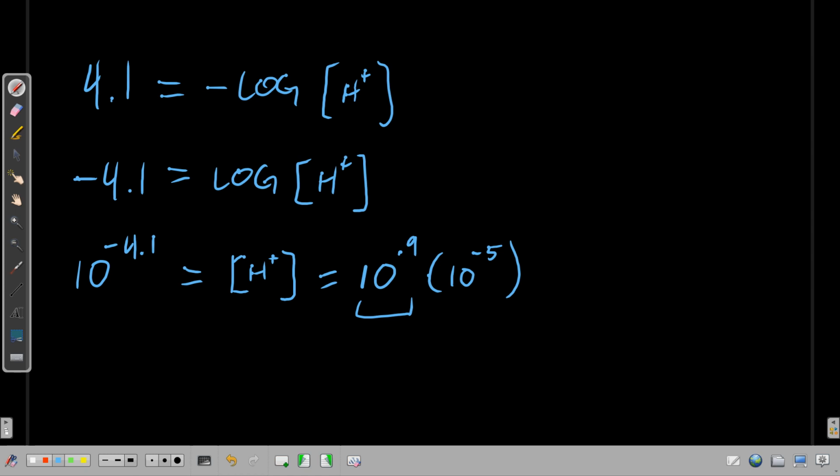Sure enough. So 10 to the power of 0.9 is 7.94. And they want everything to 1 decimal place, so this would be 7.9 times 10 to the minus 5.